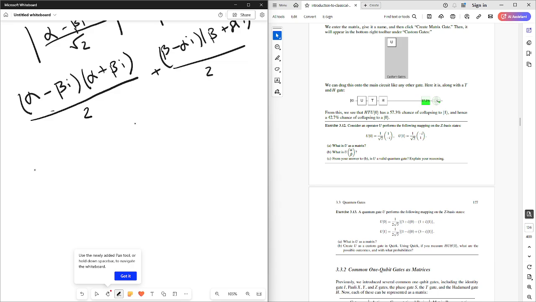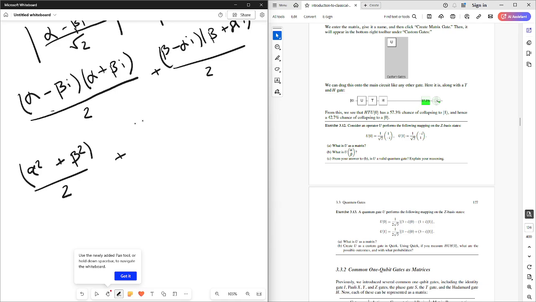Now we can simplify. Alpha squared, and the middle terms cancel out: the minus beta alpha i and plus beta alpha i cancel each other out. We're left with minus beta squared i squared, which gives us plus beta squared because i squared is negative 1, multiplied by the negative 1 there, over 2.